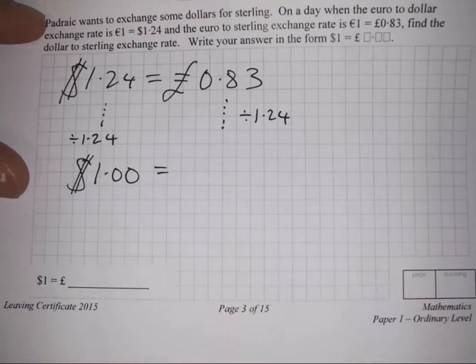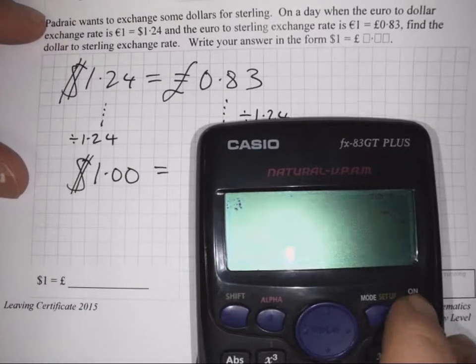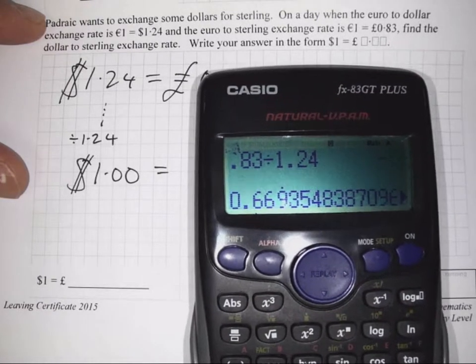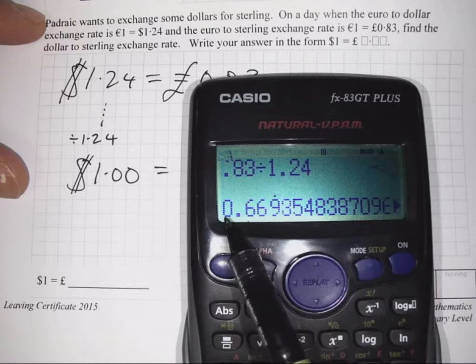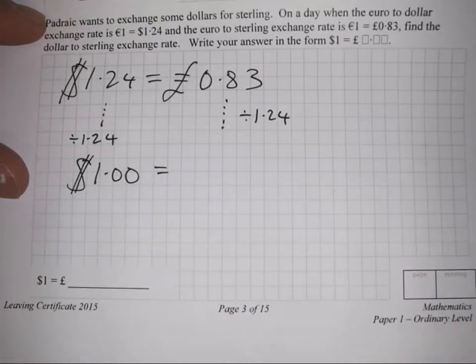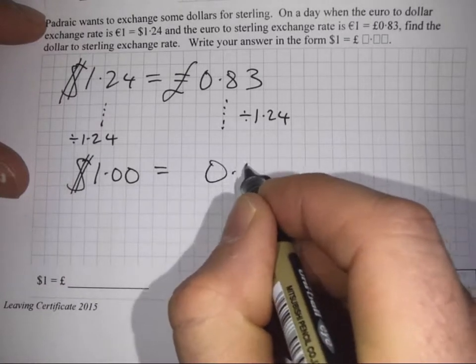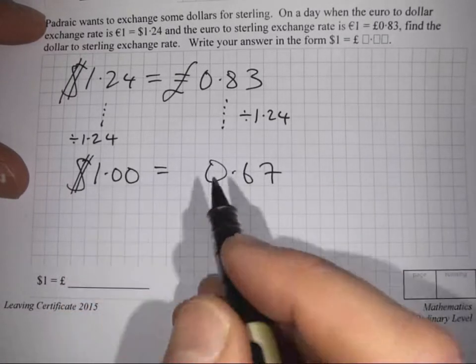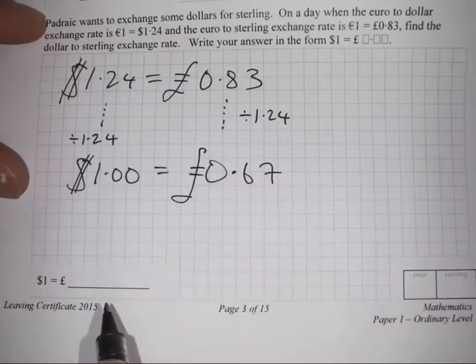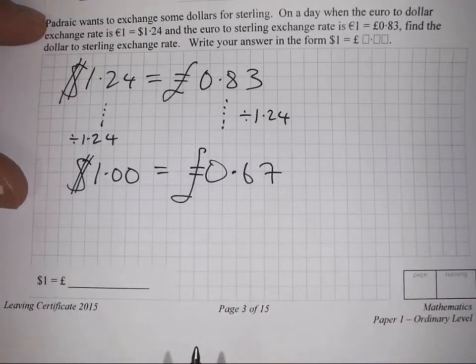So we get our 0.83 divided by 1.24, and we get, to 2 decimal places, 0.67. So $1 equals 0.67 sterling, or 67 pence sterling.